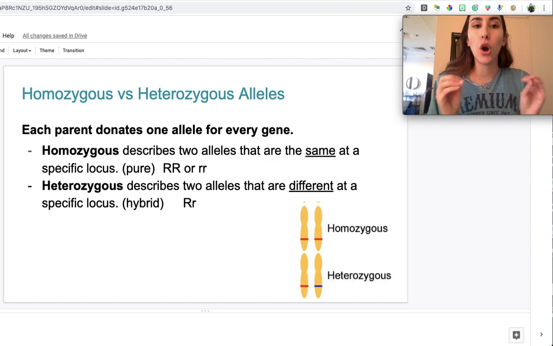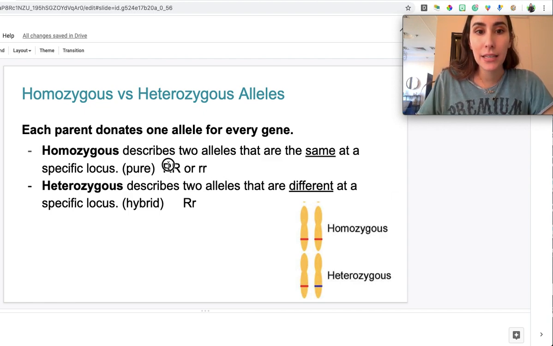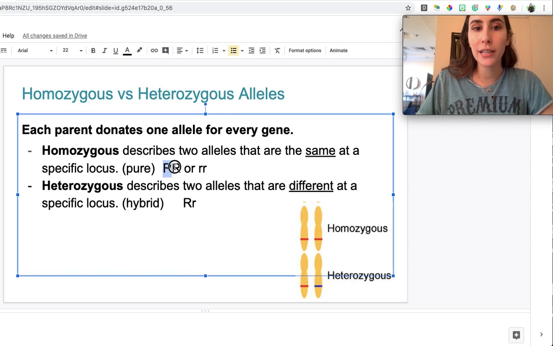Now, if we say that something is homozygous, that describes 2 alleles that are the same at the specific locus. So what do I mean? This is a genotype, because it's the letters. In this genotype, first of all, is this dominant or recessive?